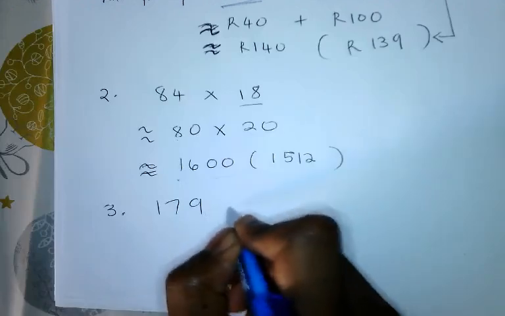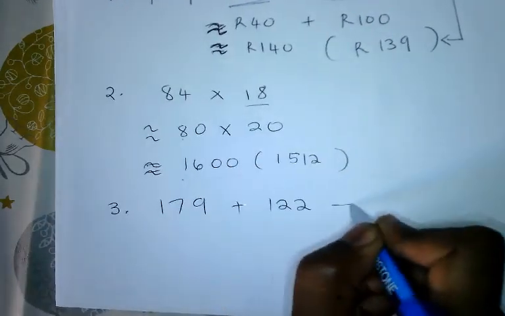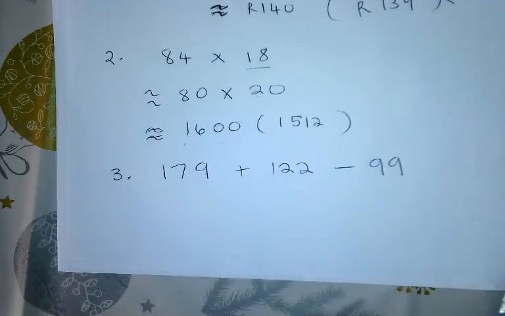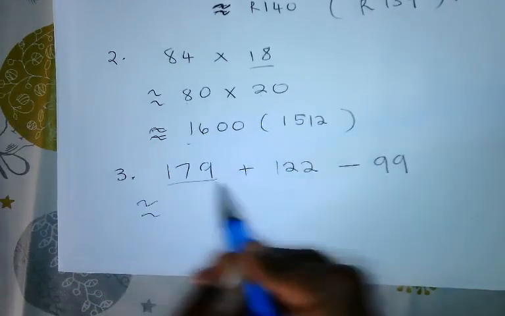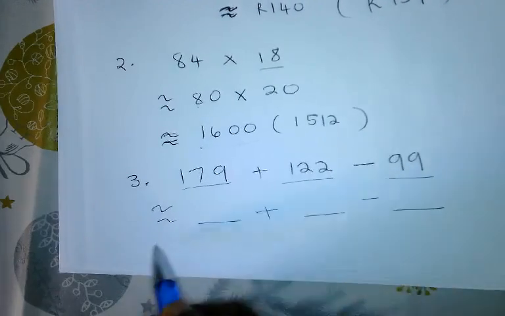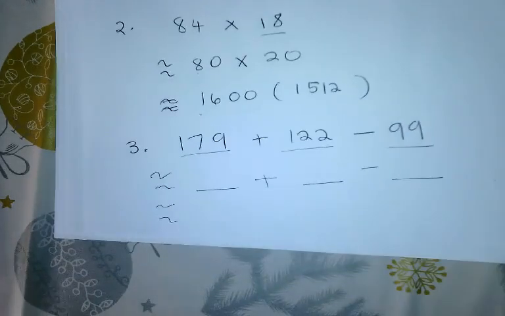179 plus 122 minus 99. You write down the estimate for each down here, and then you do your answer.